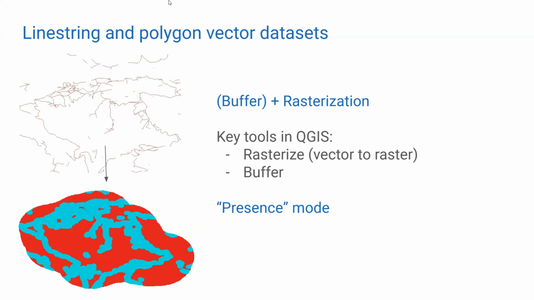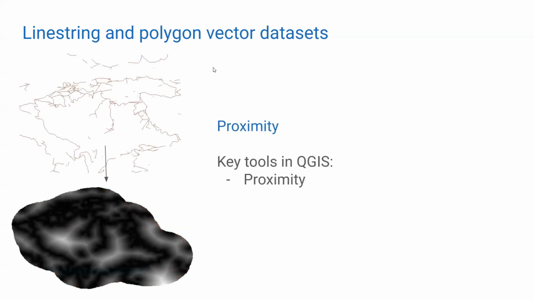We can rasterize objects with or without a buffer, and we can calculate proximity rasters: distance to roads, distance to buildings, distance to coastline, etc. In some rare cases, you can come up with some other concept of preparing the data for MOLUSCE, but presence, interpolation and proximity approaches dominate.